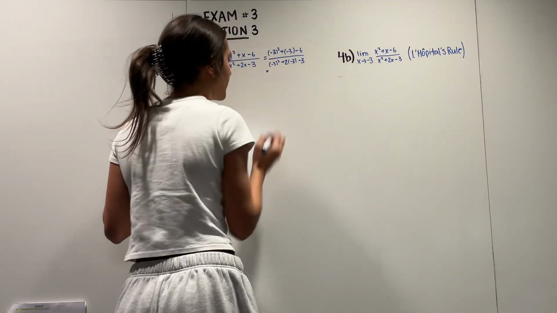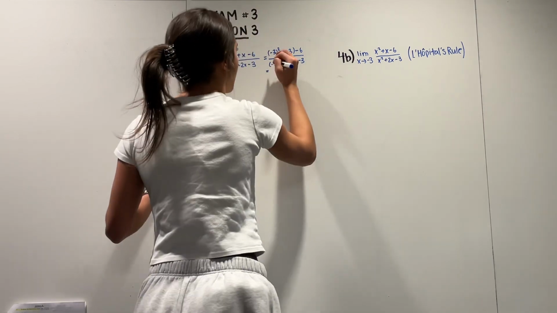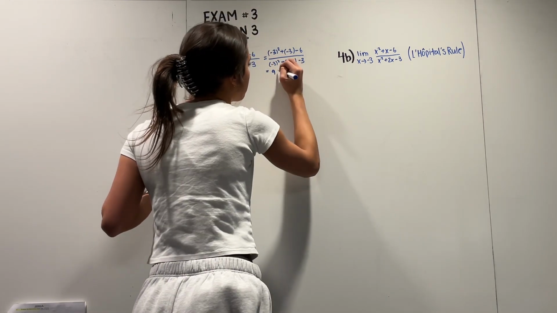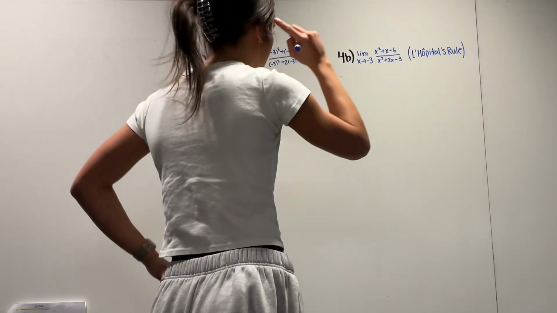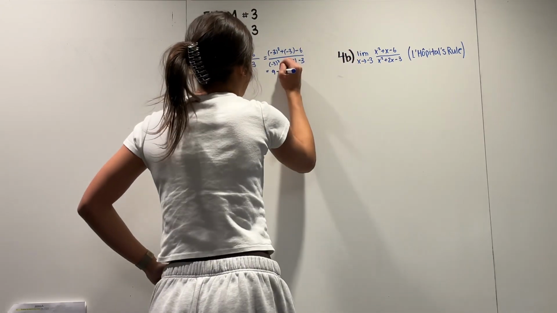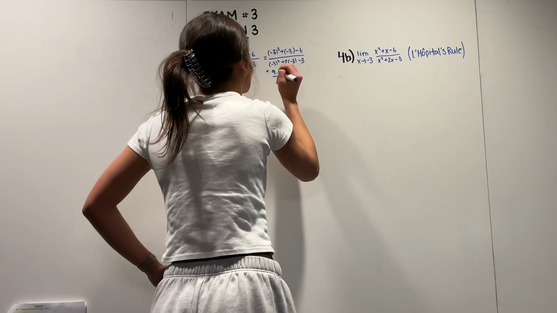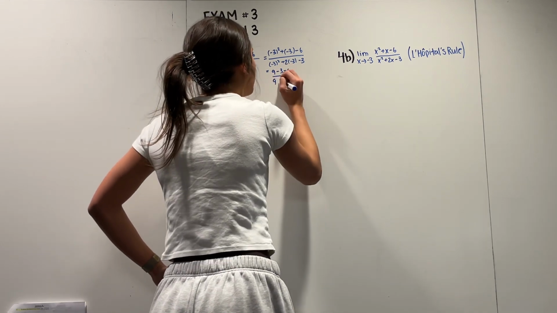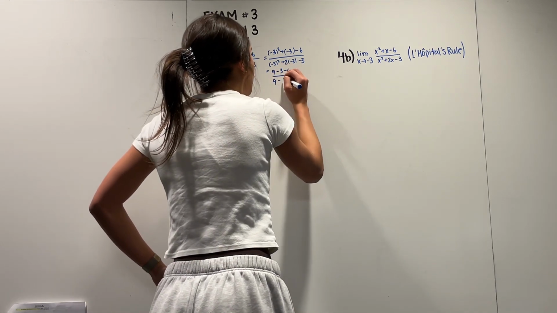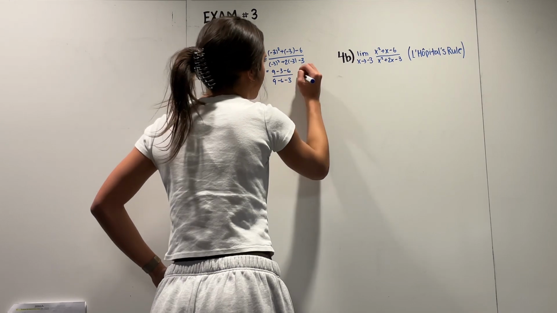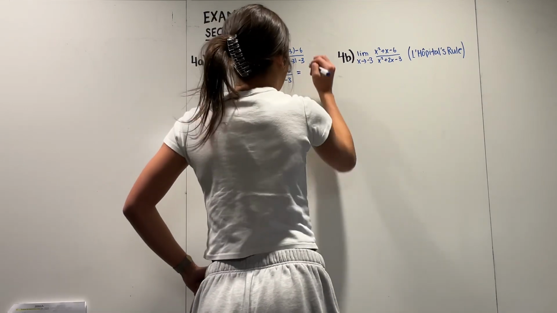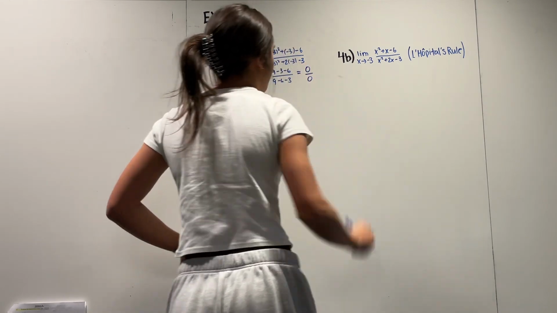That'll give you 9 minus 3 minus 6, and the bottom will give you the same thing, 9 minus 6 minus 3. You're going to end up with indeterminate form 0 over 0.